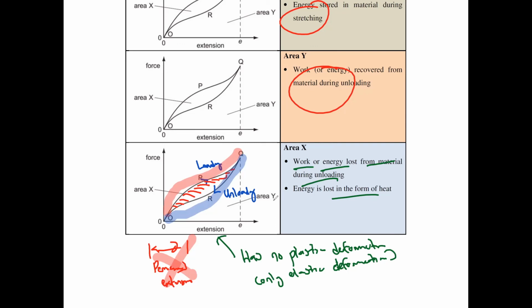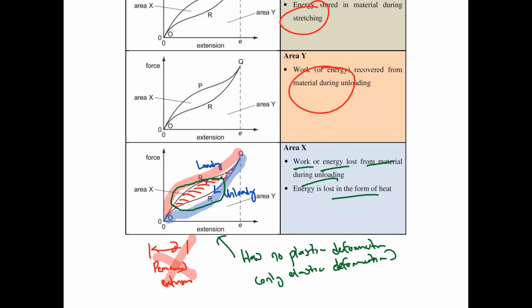If you take a rubber band and stretch and unstretch it many times, you will notice that it tends to heat up. That is this part here. Because when you stretch and unstretch it, you lose some energy, and that energy is in the form of heat.